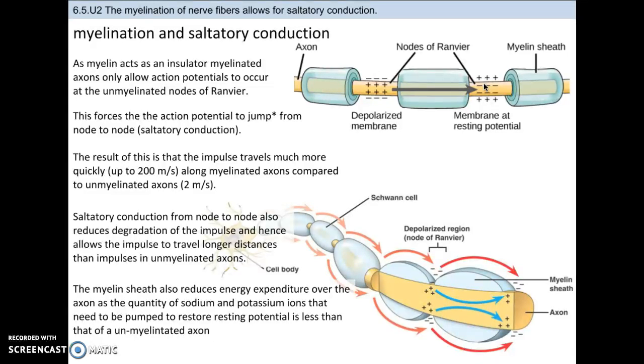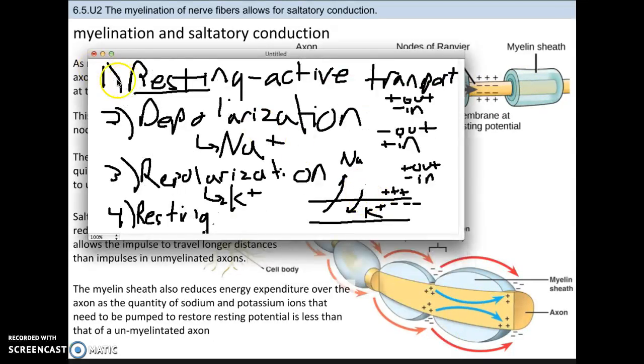It reduces the degradation of the impulse as well, so that it travels really fast and really strong. It also reduces the amount of energy needed to have that signal travel across. Think about all of the active pumping that we have to do to maintain this concentration gradient. We don't need to do that in the areas underneath the cells. So it does a couple of things.